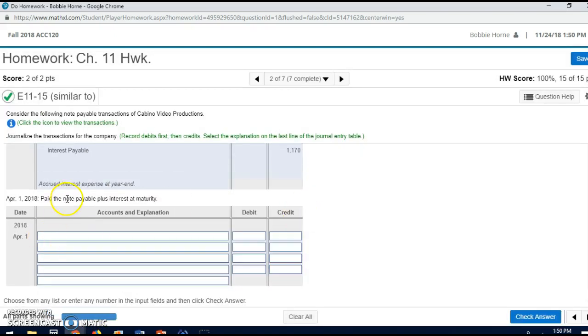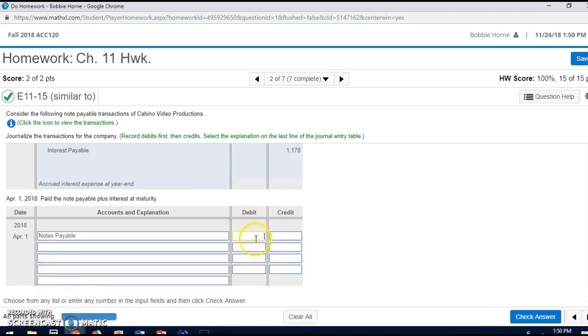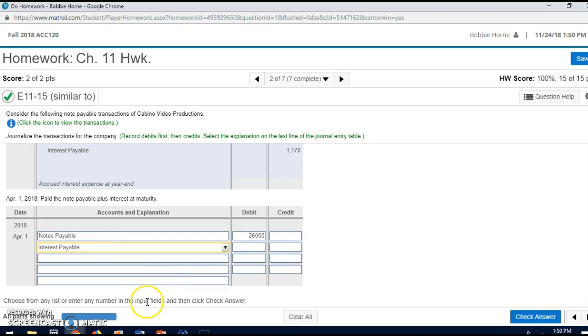Now, for the next year, we're going to pay the note plus the interest. So the note is for $26,000. The interest we already owed was $1,170, and then the interest that we have not recorded yet would be the other 3 months, January, February, and March of the next year.